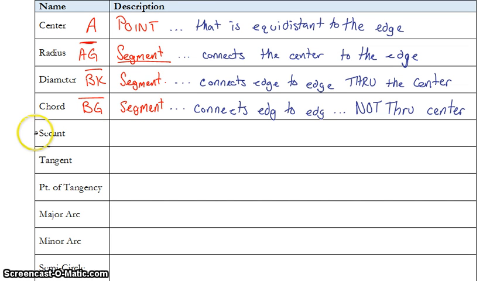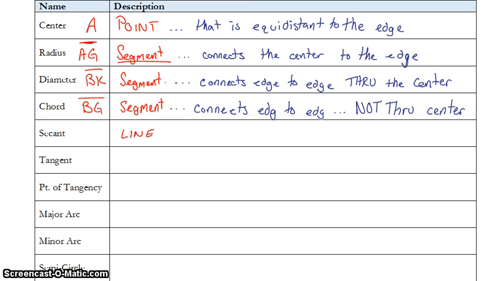The next major vocab word is secant. A secant, when it comes to circles, is a line. Now this is going to get confusing. It's the exact same line as your chord, except it extends through your circle.